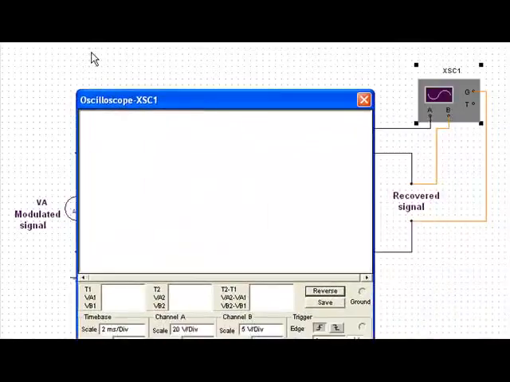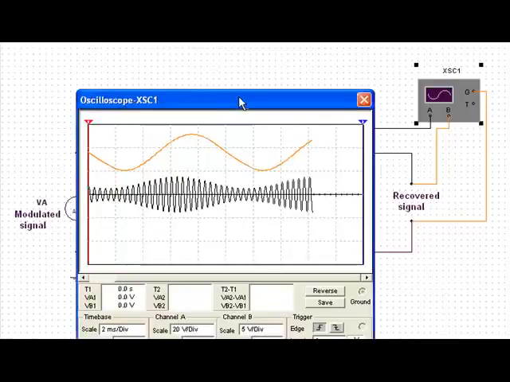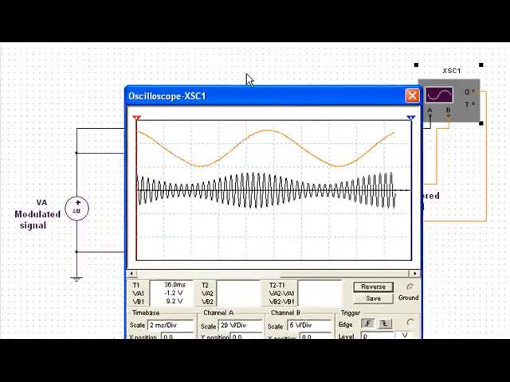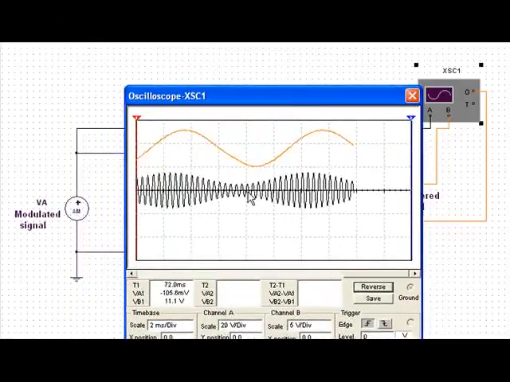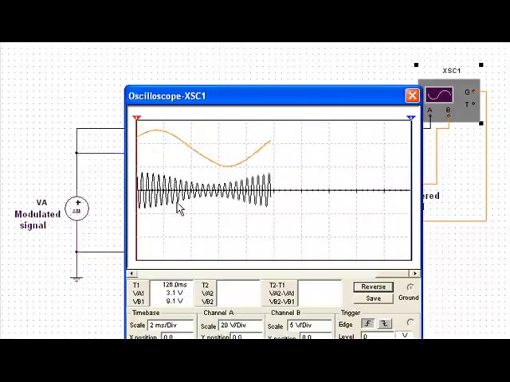Okay, so here's our oscilloscope. I need to turn the circuit on, and then here we have our waveforms. The first waveform here is coming from our AM signal source. This would be, in essence, the transmitted signal coming from our AM signal source.